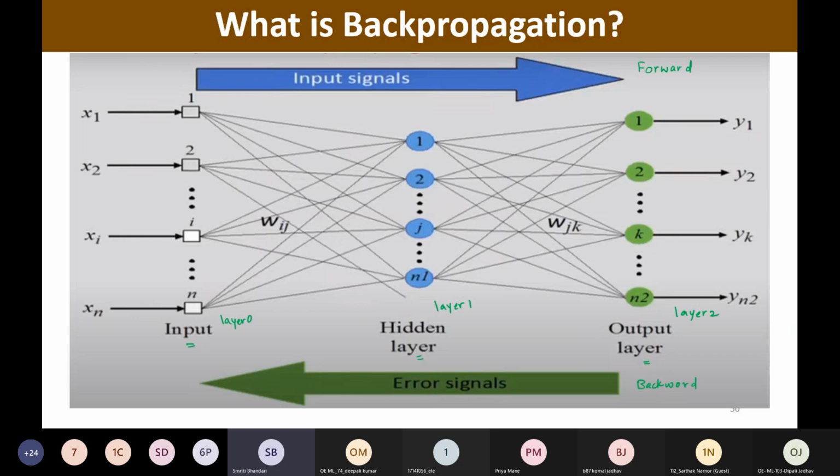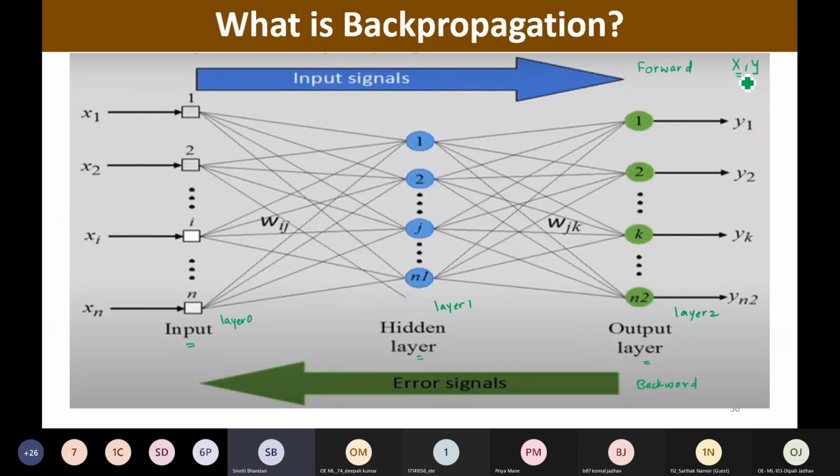Now, we know that we have some training data with us, and that training data is used to train the network as usual, right? The training data is of the form x comma y.